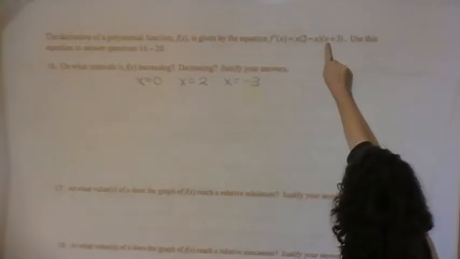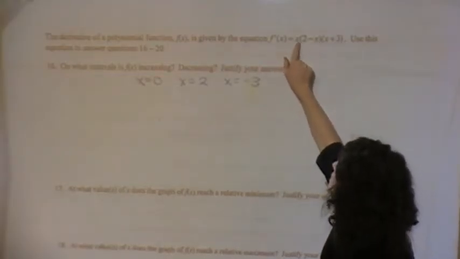So my zeros here, from looking at this, are x equals 0, x equals 2, and x equals negative 3. Because it was already factored, so I just looked at these. So negative 3 would make that 0, 2 would make that 0, and 0 makes that 0. Is everybody okay? Now I'm going to set up my number line.